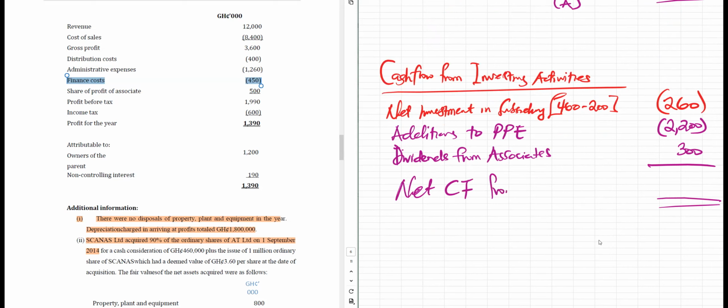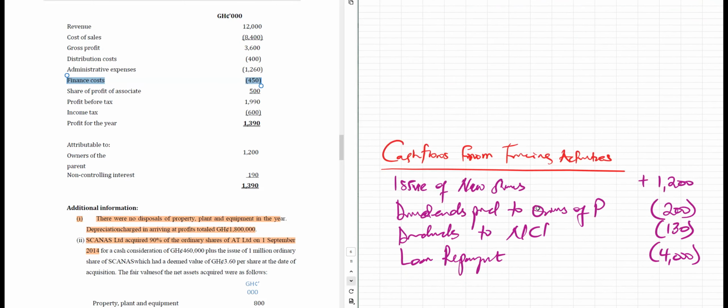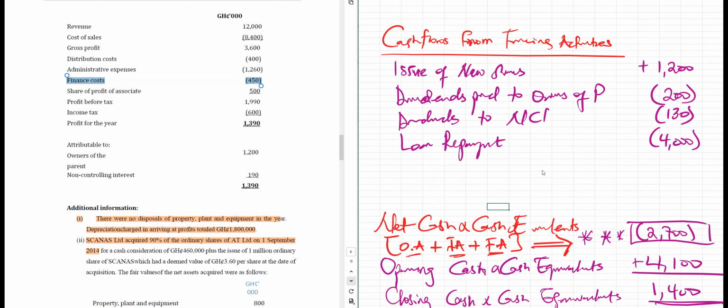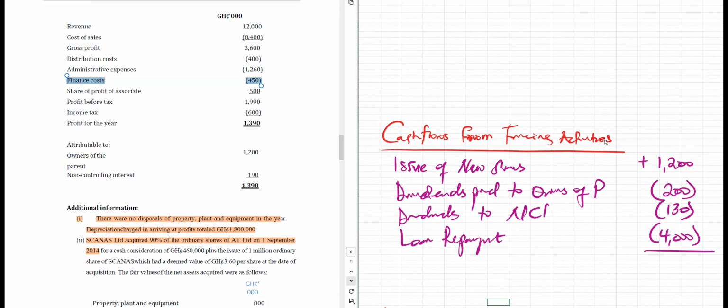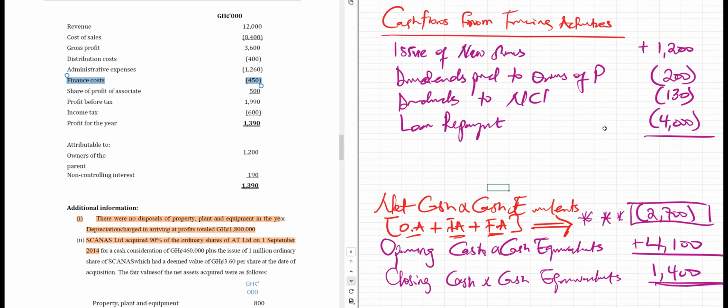Net cash flow from investing activities, let's call this B. So it will be 2160 adverse. Are we on point? Then we come here. That one, did we call it B? Yes.